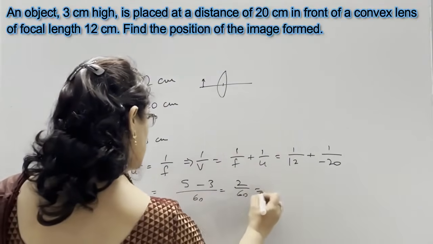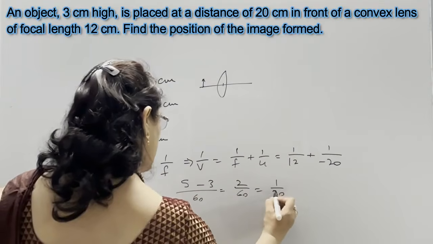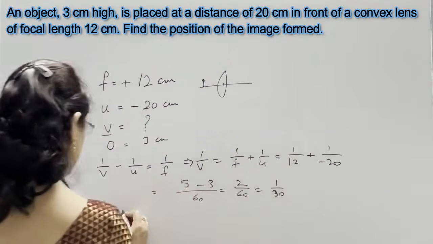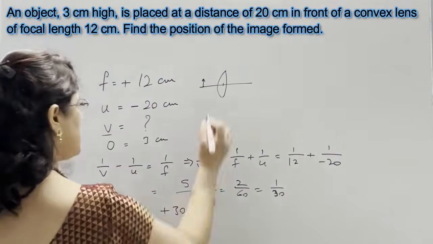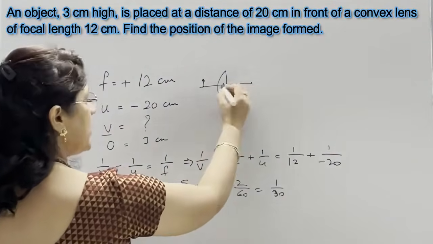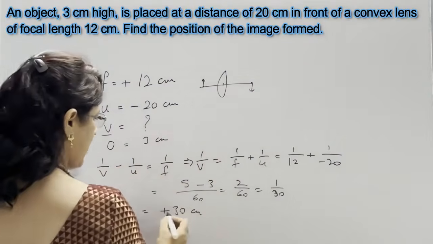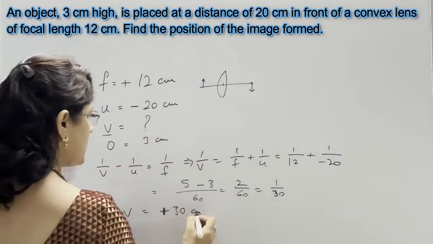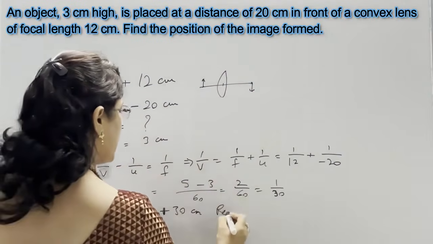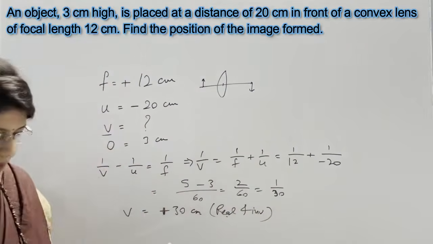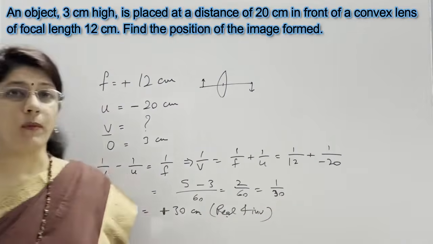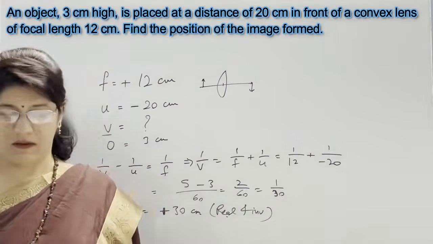It means 2 upon 60. It means 1 upon 30. The value of v is plus 30 centimeter. It means the image is forming on the right hand side of the lens because its value is positive. It indicates that this image is real and inverted in case of a convex lens here, because the image is forming on the opposite side of the lens.